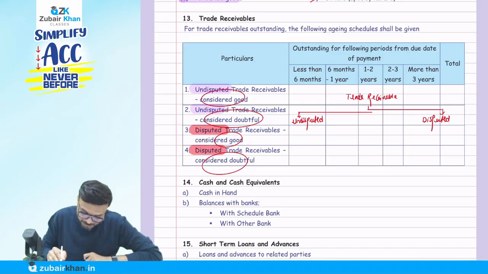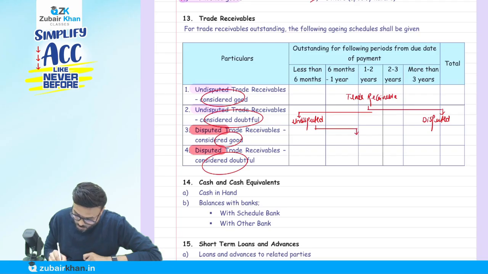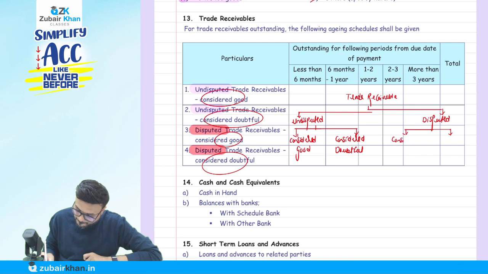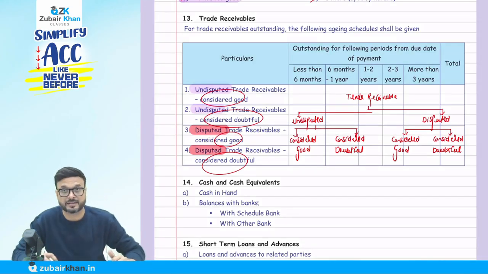Undisputed is again divided into 2 categories: considered good and considered doubtful. Same here for disputed: considered good and considered doubtful.